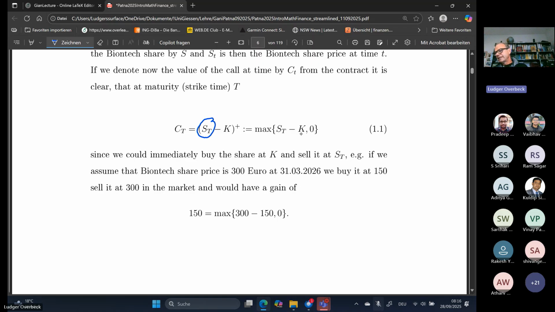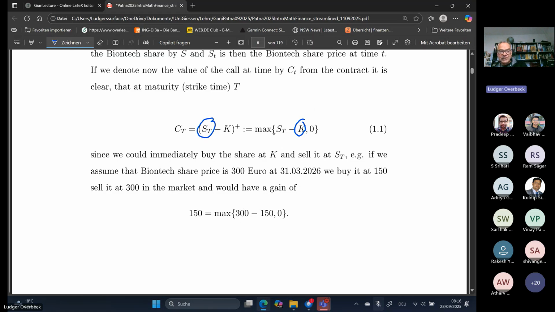You can buy it at K from the contract and you make money. Usually you think your value, either you just keep it on your books, let's say it was 300, then your gain at time capital T is your valuation in your portfolio. But if you sell it immediately, if it's 300, you make a profit of 150.